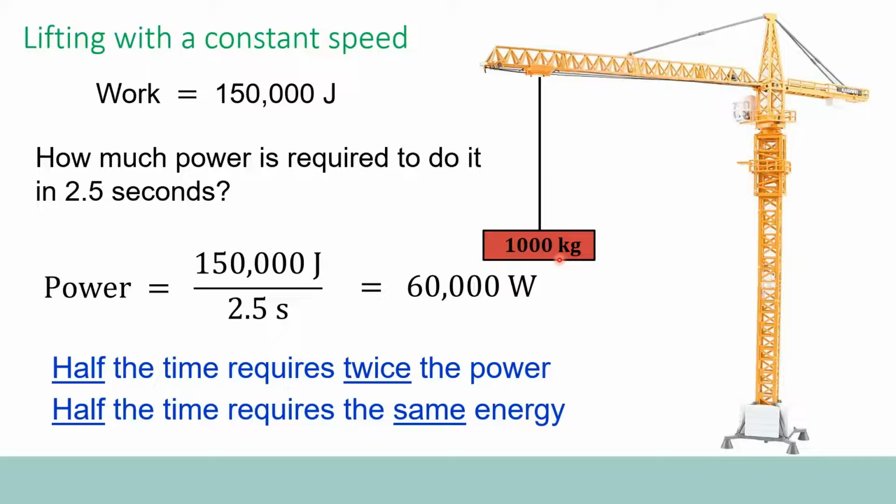For example, if you're driving in a car and you decide to go faster so that you arrive at your destination sooner, it's tempting to think that you've actually saved yourself gas because you're driving for less time. But in fact, you don't save yourself any. It's the same amount of energy no matter how fast you're going. So yes, you'll save yourself time, but you also spend that energy quicker, so you don't save yourself gas in that sense.